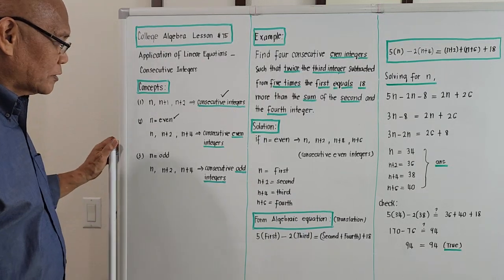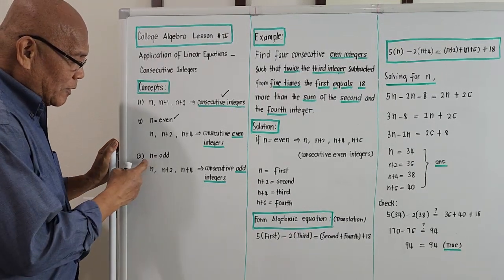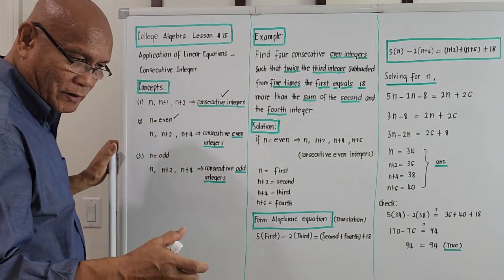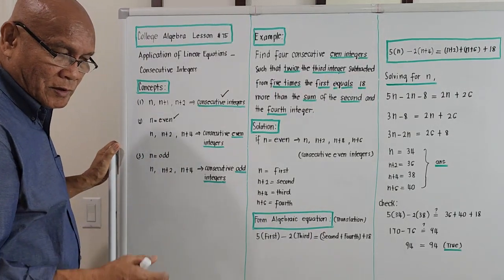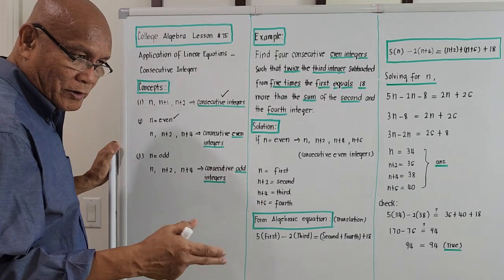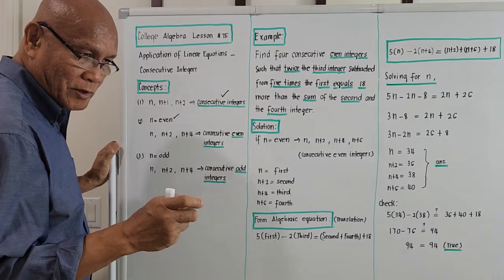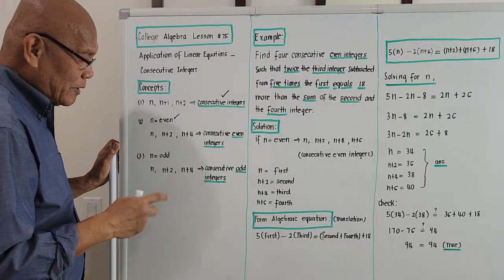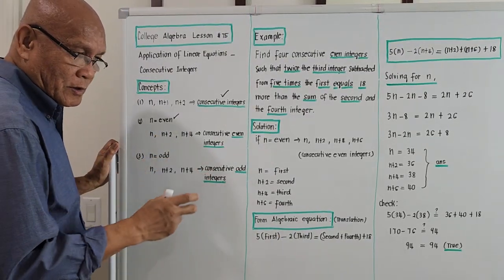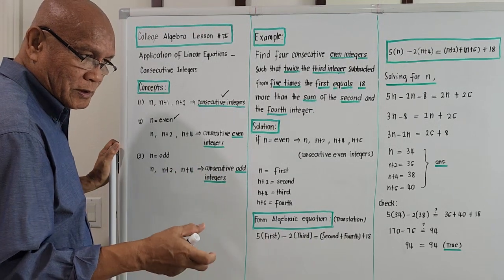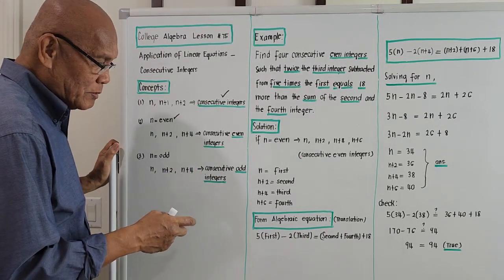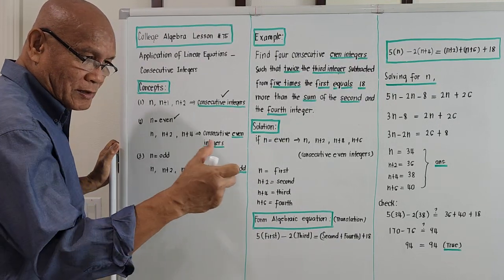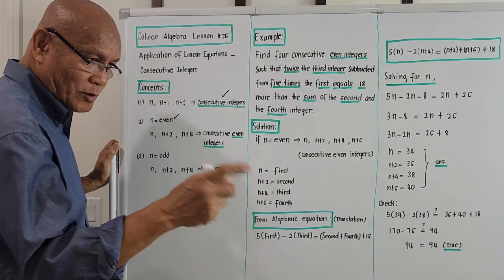Next one, the third variation. If the value of n is odd, meaning it's not divisible by 2, right? If you divide it by 2, it's not exact to be a whole number, so it is considered to be an odd number. So if the value of n is an odd number, the representation for a consecutive odd integer will be something like this.